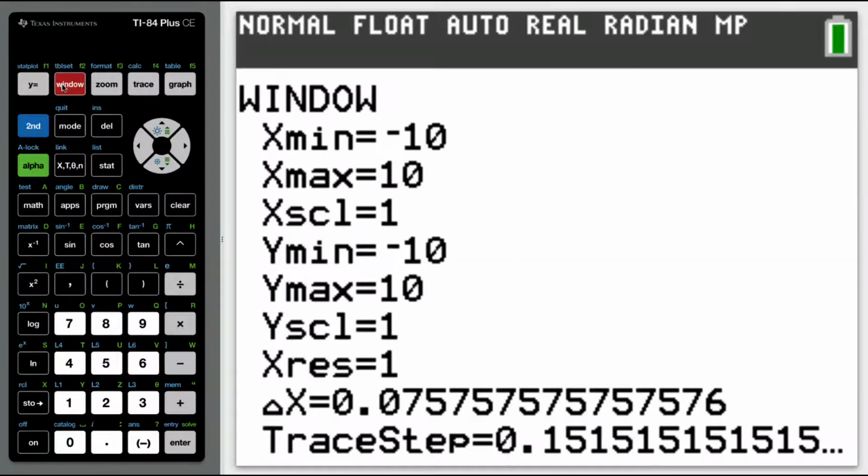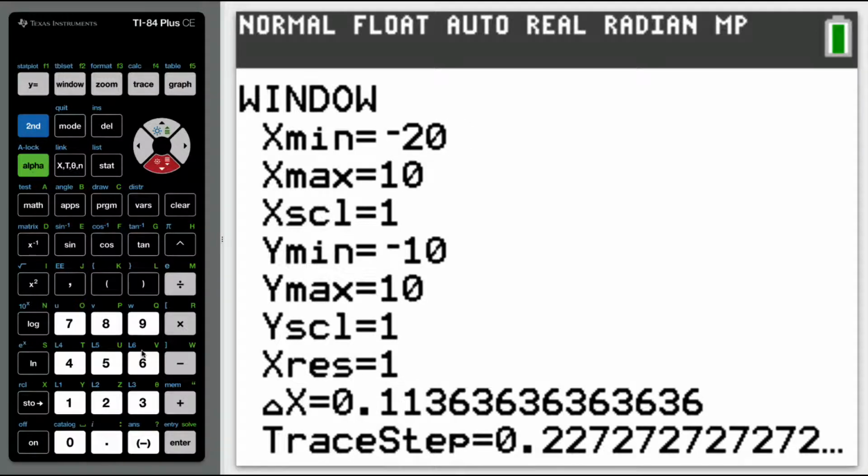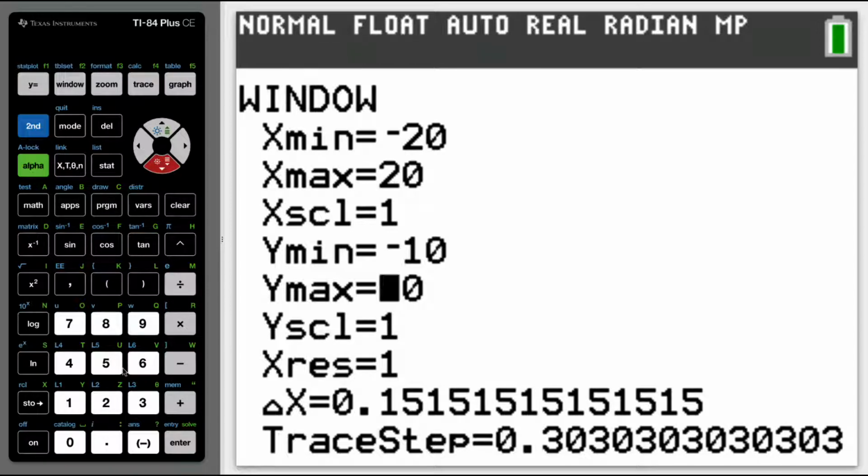So I'm going to go to my window, and I'm going to change my window. For my x minimum, I'm going to make that negative 20. For my x maximum, I'm going to make that positive 20. And for my y max, I'm going to make that 500,000. In our functions, we've got things being raised to the fourth power. So if we think about exponential growth, these are going to start to grow very quickly.